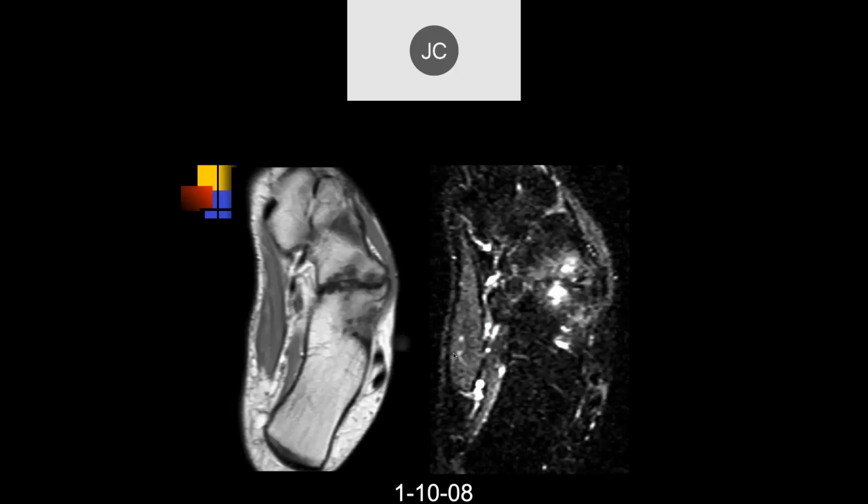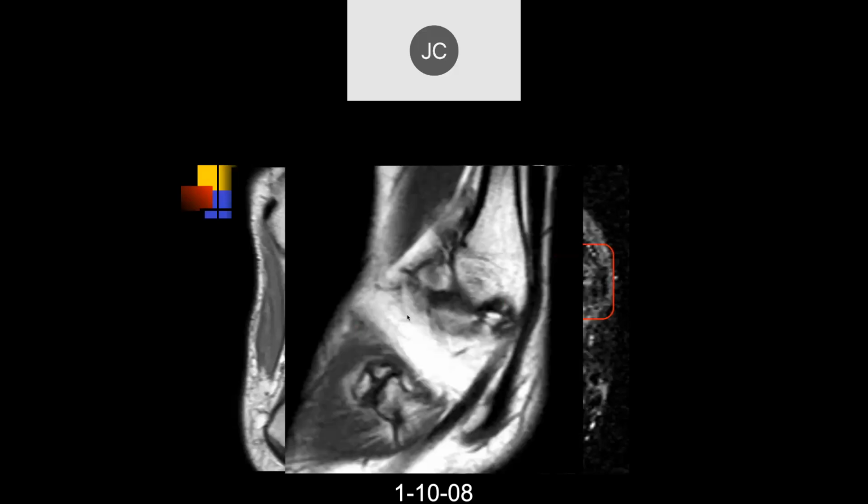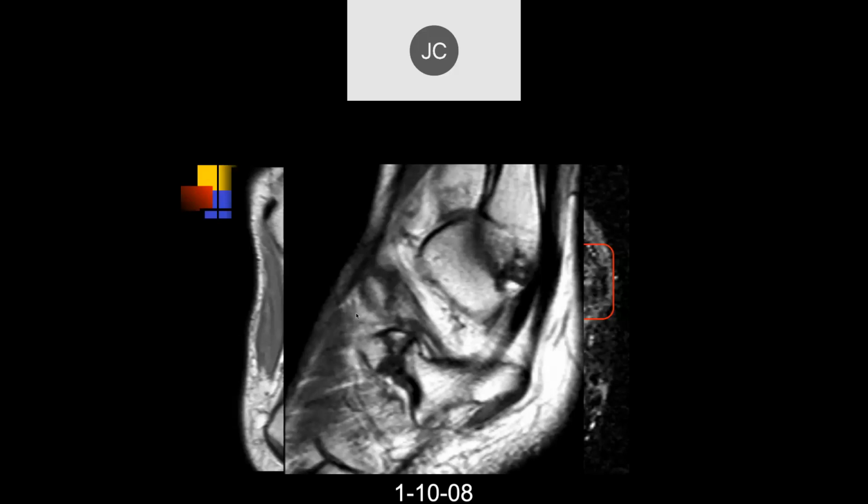Okay, so here we see a similar-appearing coalition between, is it the calcaneus and cuboid? Let's see, I think it's mostly navicular. If we can follow this all the way across here.